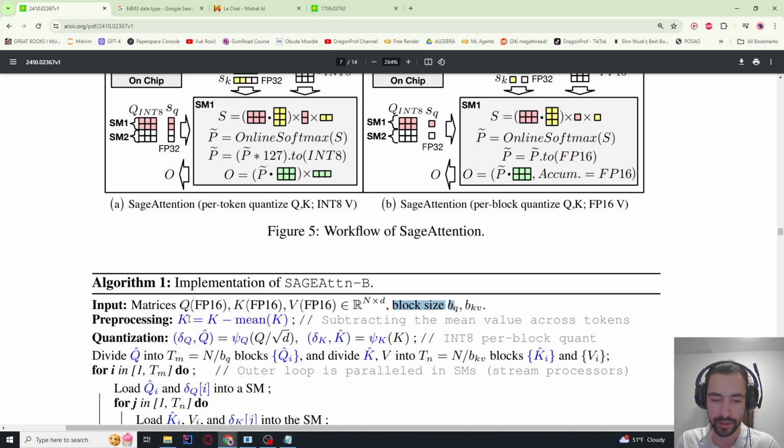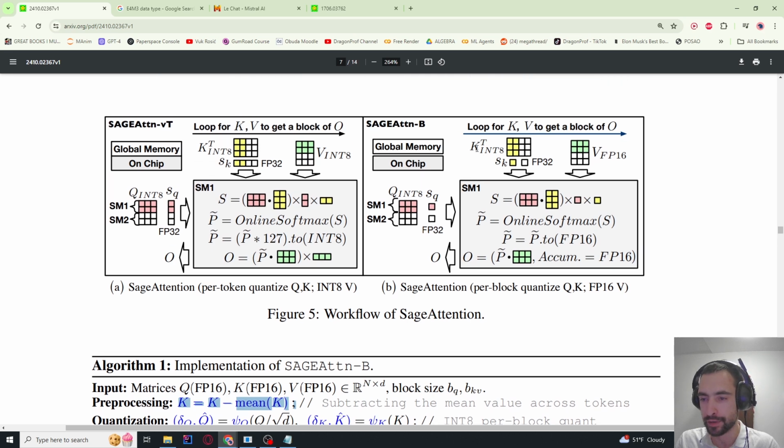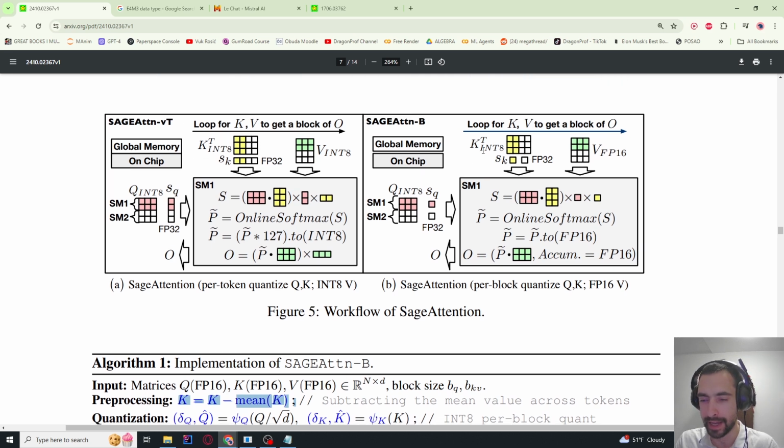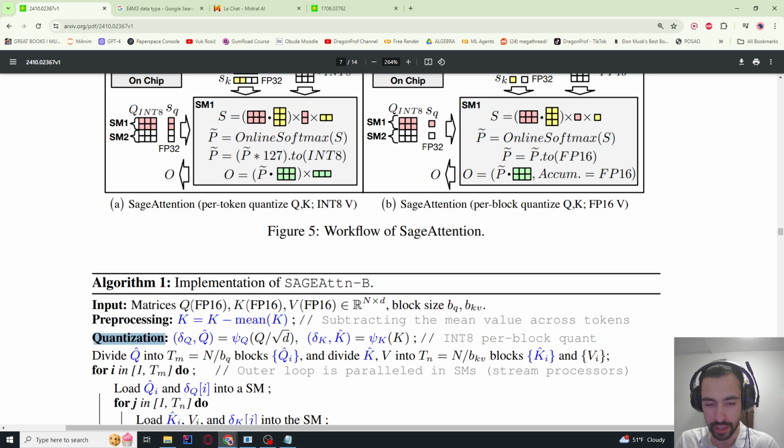And then in pre-processing, they subtract the mean value across tokens of K, so they smooth out the K as we discussed earlier. And here you can see K. So after they smooth out the K, they have quantization. They quantize Q, but they use this scaling factor over square root of d. They quantize K as well.